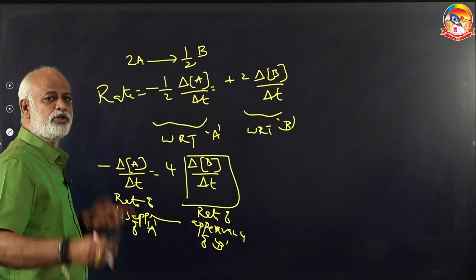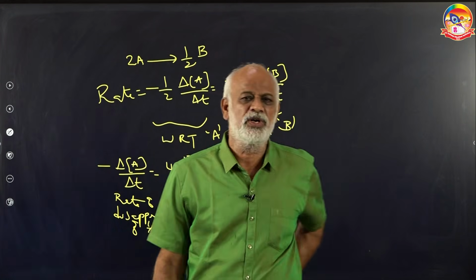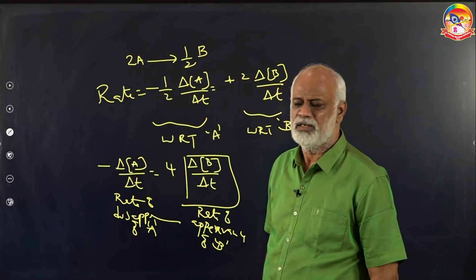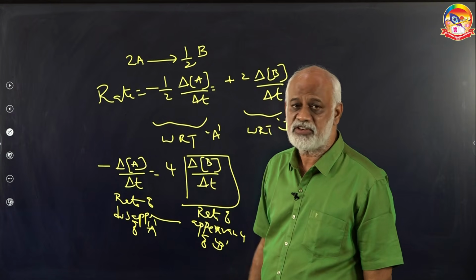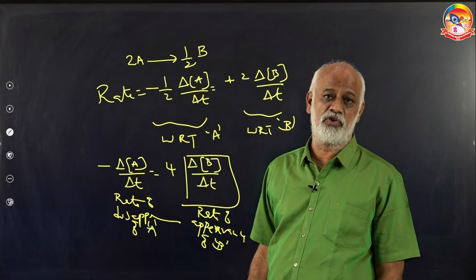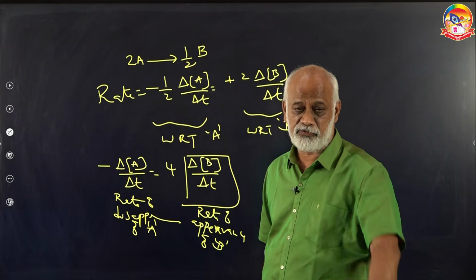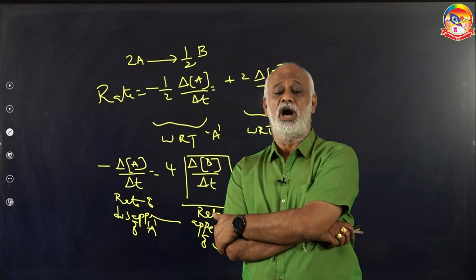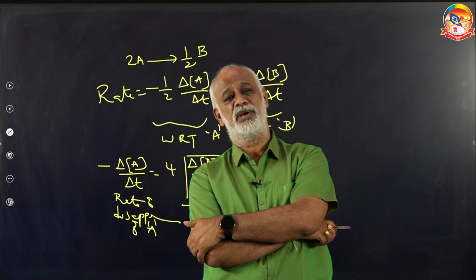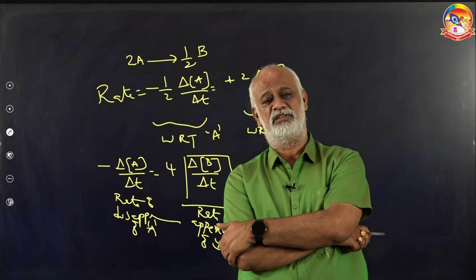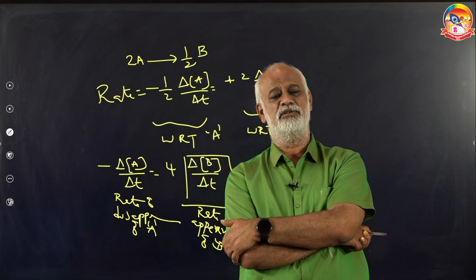So for every 2 moles of A disappearing, only half a mole of B is forming. What does it mean? The rate at which A disappears is 4 times the rate at which B appears. So be careful in the examination. Are they asking for the rate with respect to A, with respect to B, with respect to the reactant, with respect to the product?